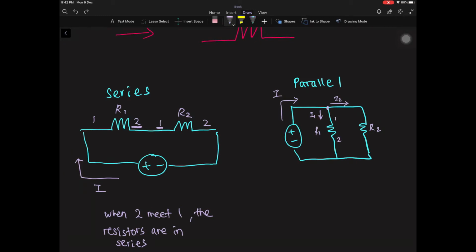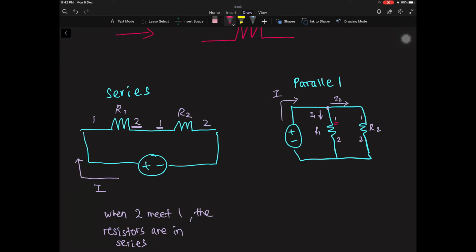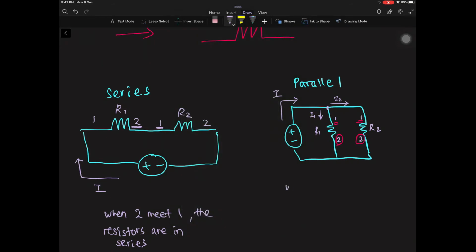When I2, current 2, passes through R2, the head will be 1, the tail will be 2. So we can see that number 1 is connected to number 1, number 2 is connected to number 2. So when 1 meets 1, the resistors are in parallel.